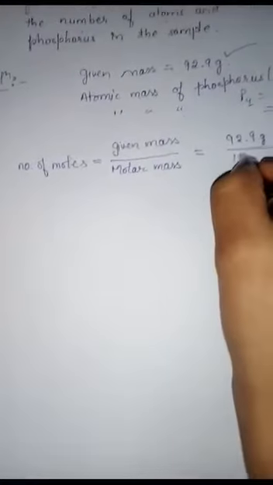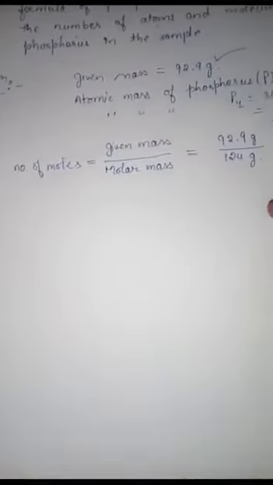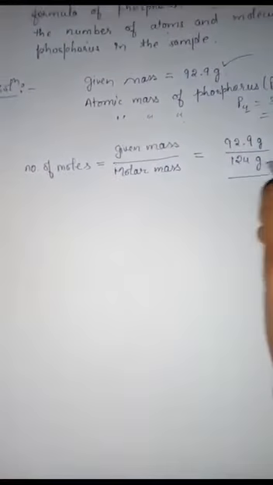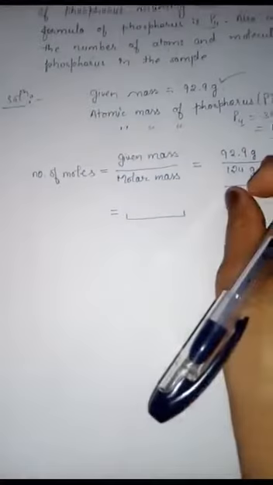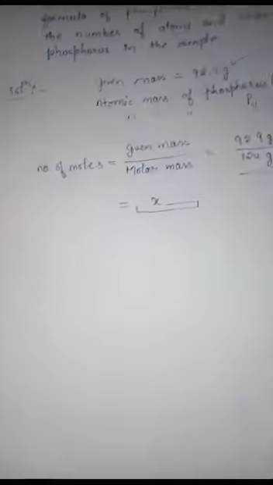So it will come 92.9 gram divided by 124 gram. I am not going to solve it, I will keep this value in the formula. Suppose some x value will come here, that is the number of moles.